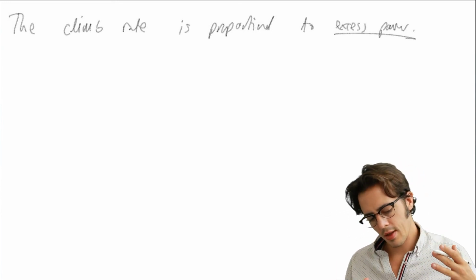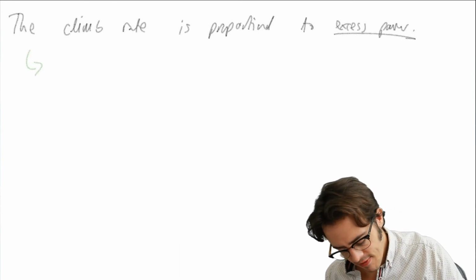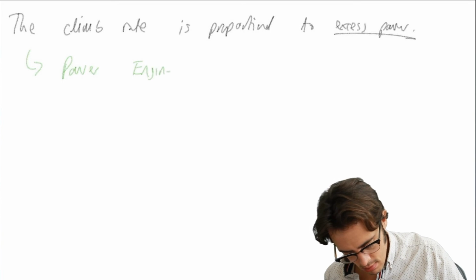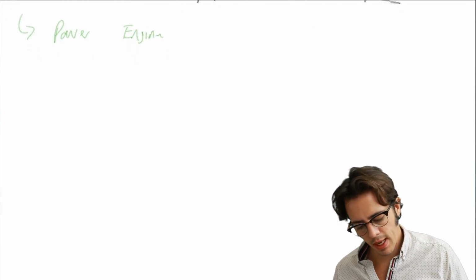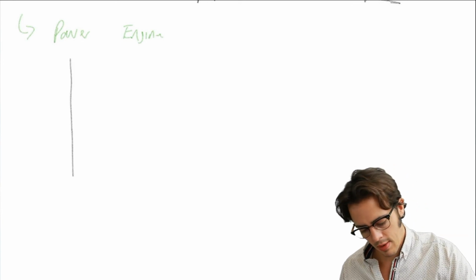So this one is, because this is related to power, going to be easiest to look at for a power engine first. And you can probably already guess it's going to occur at the minimum power speed, but we'll do the plot anyway.